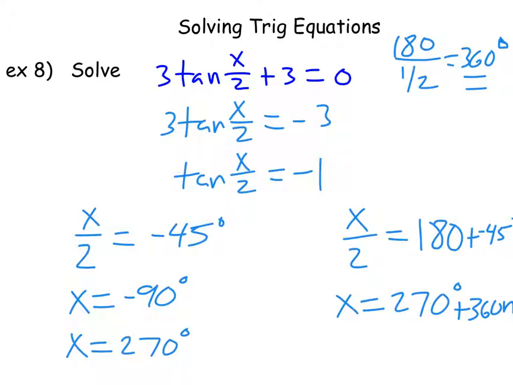Remember, when you account for your two possible sets, sometimes they overlap, and one of the two solutions that you solve for doesn't give you any new ones. Most of the time they do. So here I'm kind of like, okay, really all I would have to have is this. 270 plus 360n.